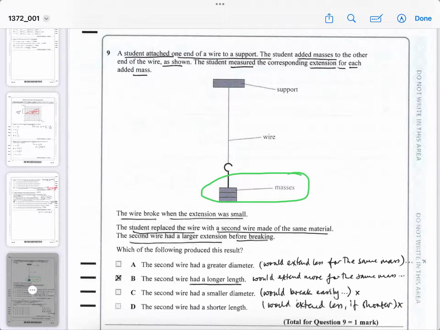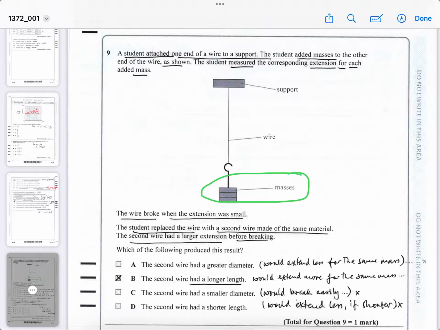So they haven't said that they're using the same mass, so we have to assume they're using the same mass. So if they're using the same mass with a greater diameter, it would be like you've got springs in parallel and they all share the load, so it would extend less for the same mass. But we don't know when it would break, obviously it would take a bigger mass for it to break. But I don't know what extension would occur. It's quite complicated if you go into A too deeply.